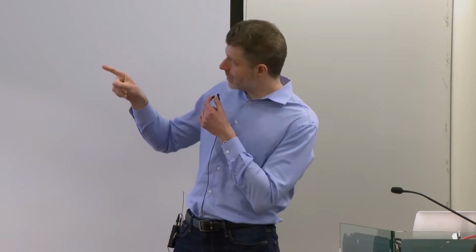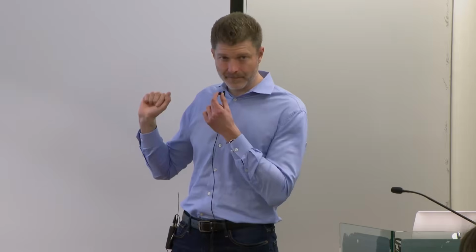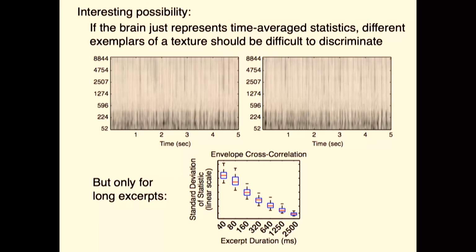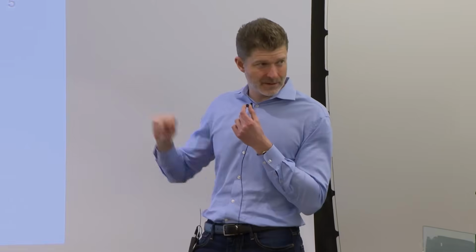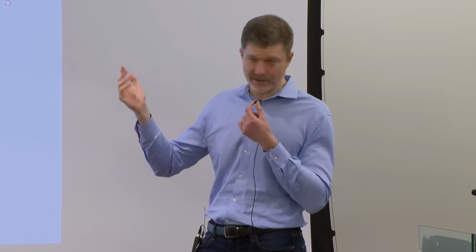Okay? So these are two different excerpts of fire that were synthesized from two different samples of noise. If you look closely, you can see that the patterns of the vertical streaks, so the clicks and the pops, are different in the two excerpts, but they also look sort of the same, right? They've got the same texture, right?